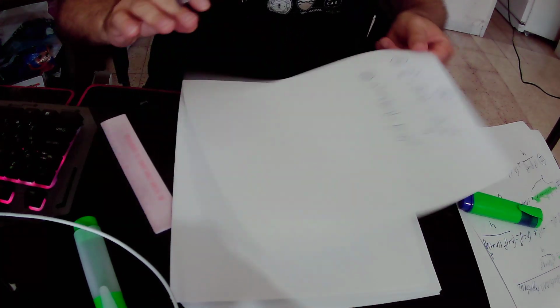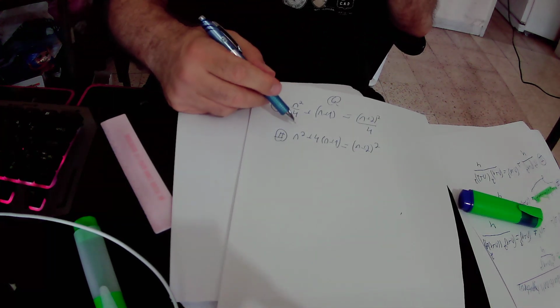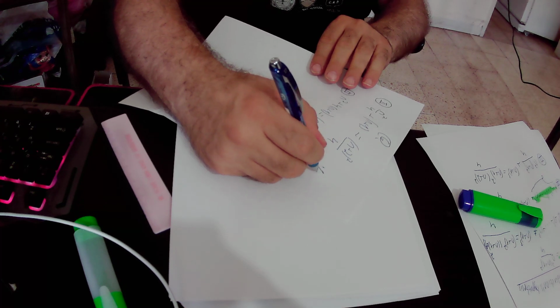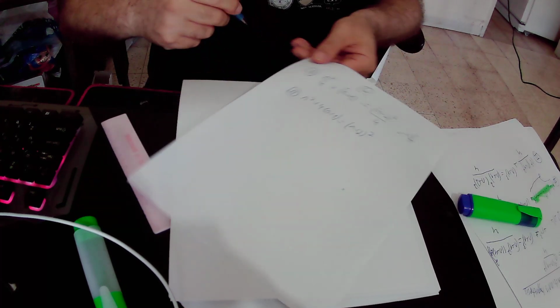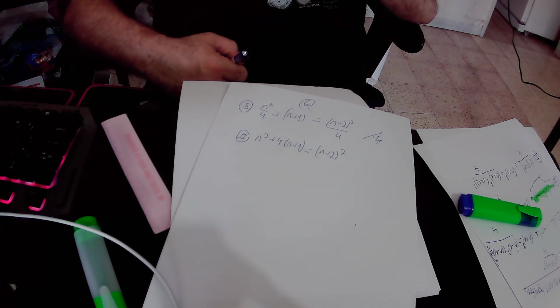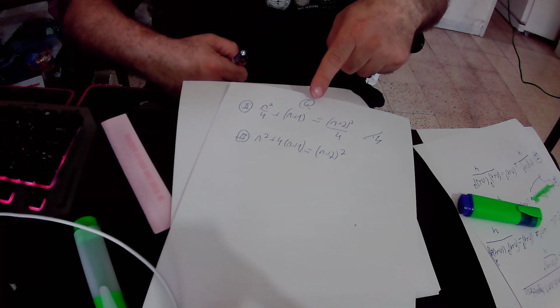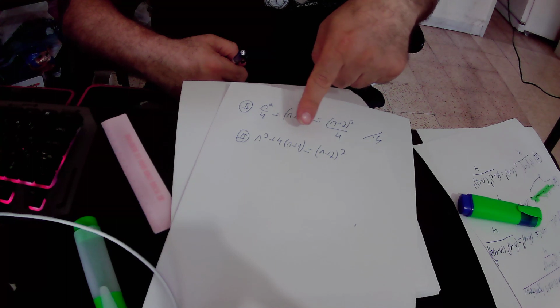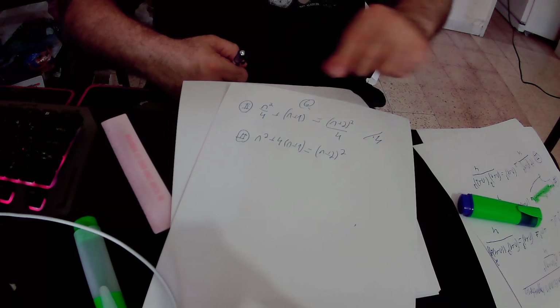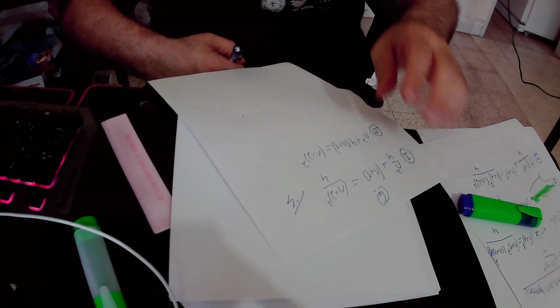We multiplied both sides of the equation by 4, and we got that n² divided by 4 times 4 is n², plus (n+1) times 4 is 4(n+1), and (n+2)² divided by 4 times 4 is (n+2)². So now we will open the brackets.